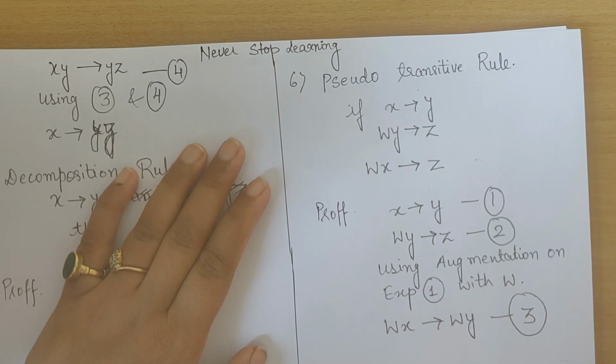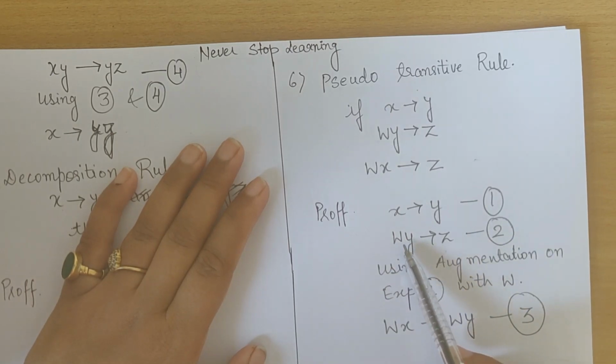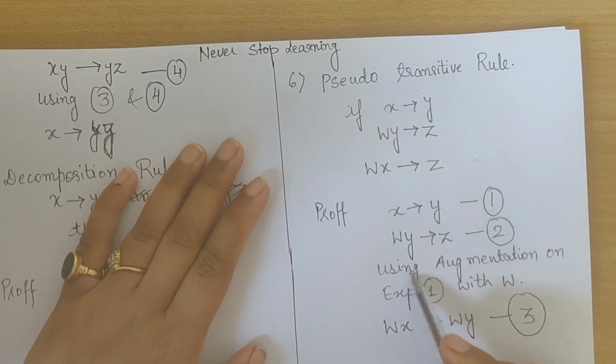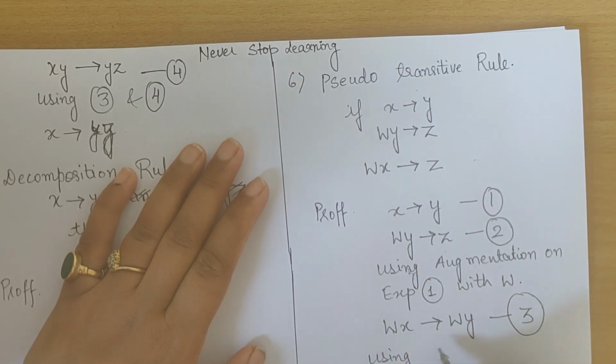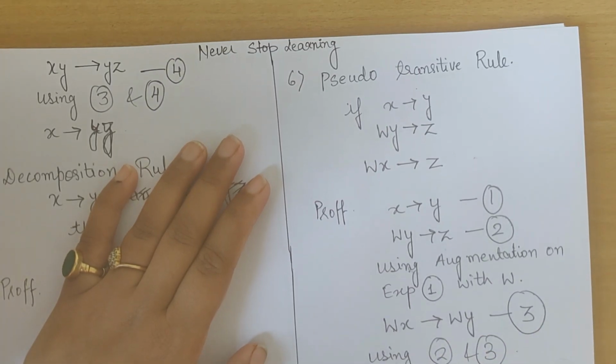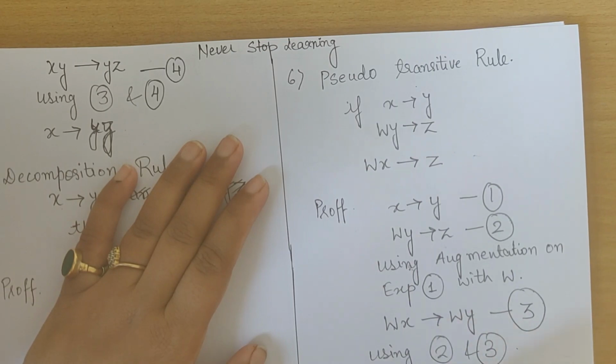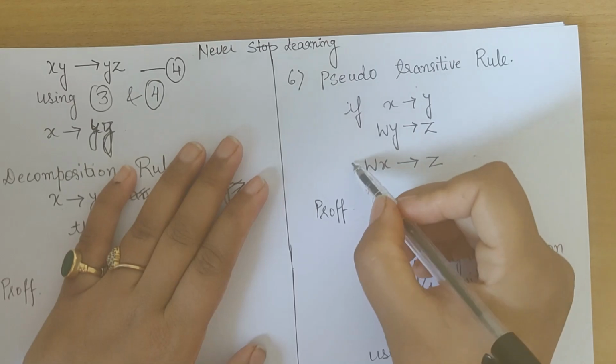Now if I use the second and third expressions, WY determines Z and WX determines WY, then by transitivity I can write that WX will determine Z, which we wanted to prove.